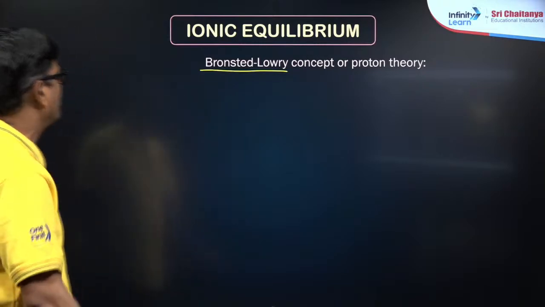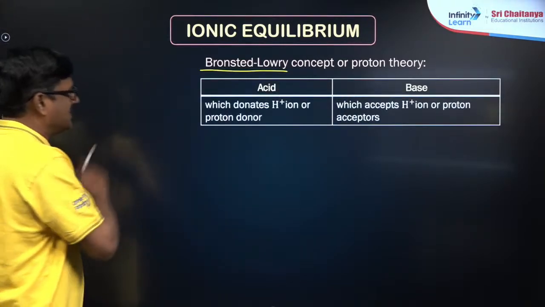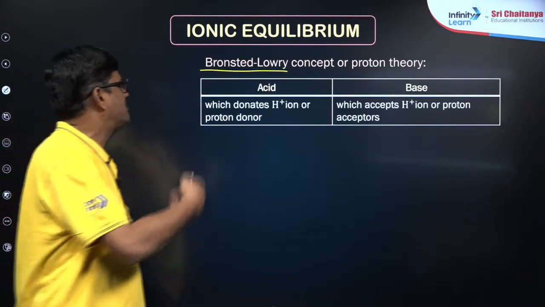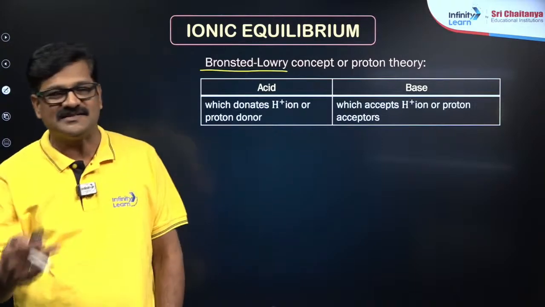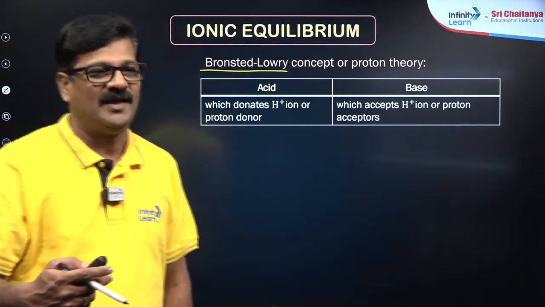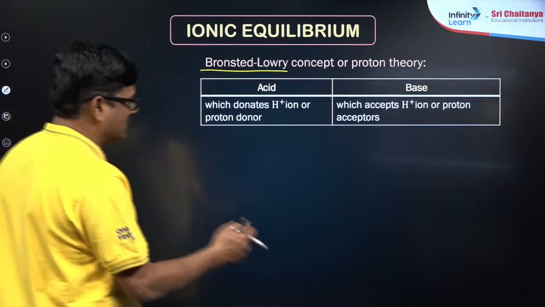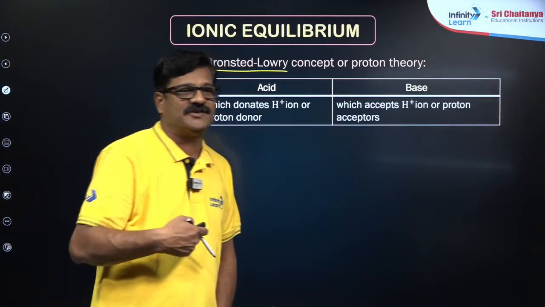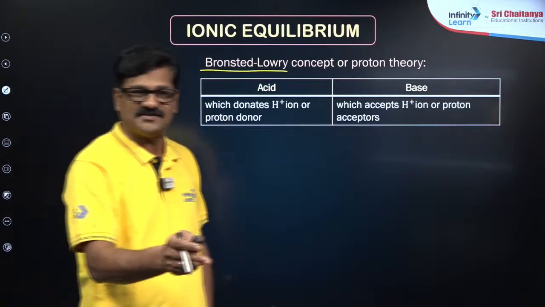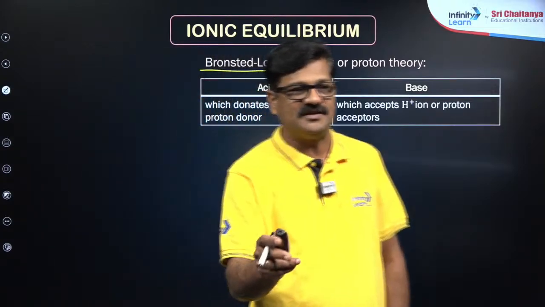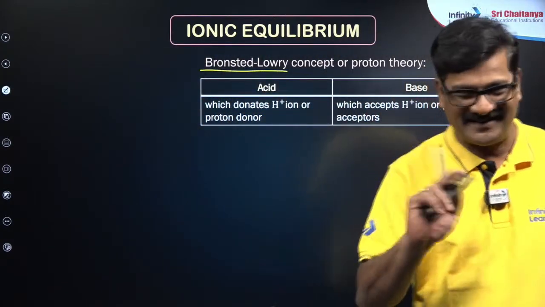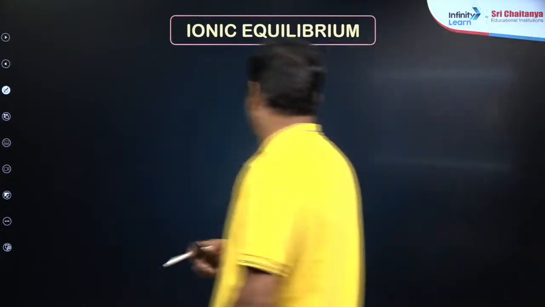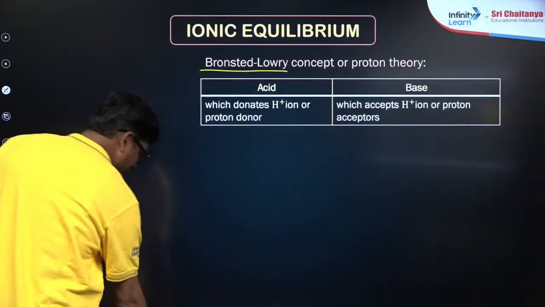Now according to this, an acid is a substance which donates H plus ion. H plus ion means it is a proton, and a base is a substance which accepts H plus. A proton donor is an acid and a proton acceptor is a base. Okay, now let us see here.